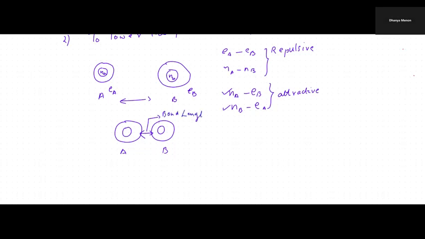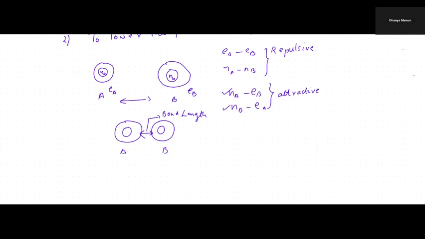Now, if these two atoms come even closer to each other, then there can be repulsive forces between the electrons. So bond length means the optimum distance where the force of attraction between A and B is more. If the atoms come closer, the repulsive forces come into play.